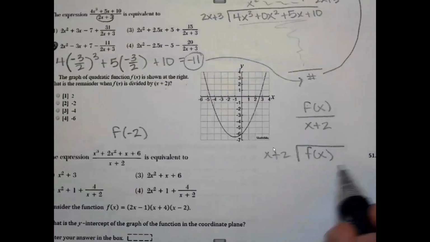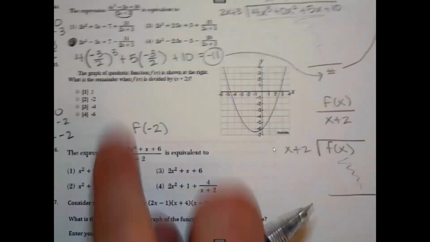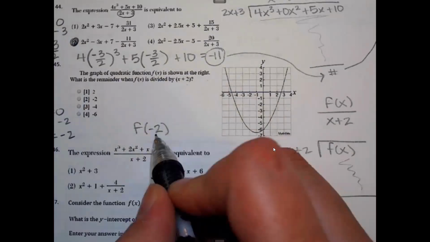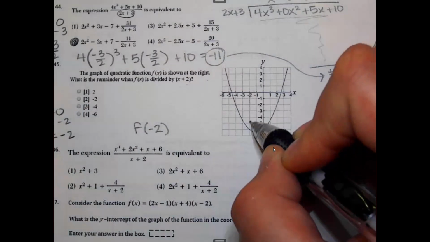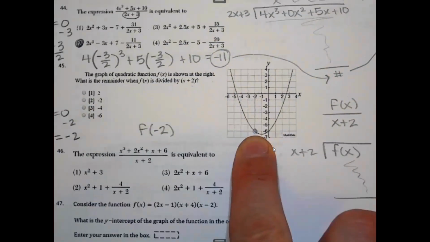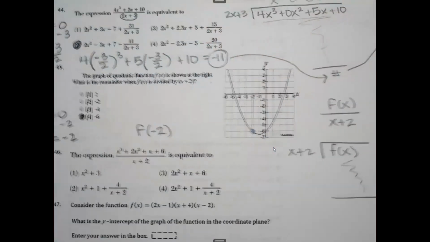If you were to do all the work, you get the remainder down here, and the remainder is what they wanted to find. So f of negative 2 is negative 6. That's the answer right there.